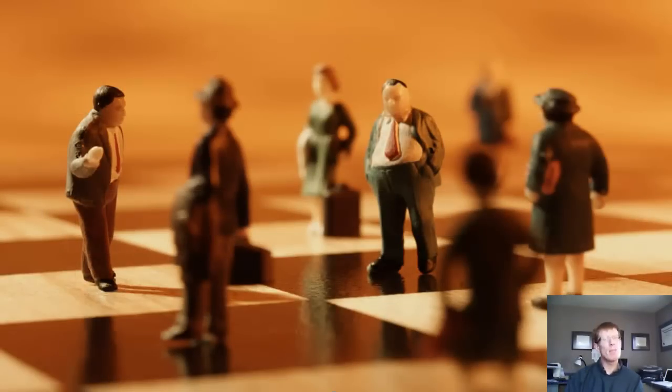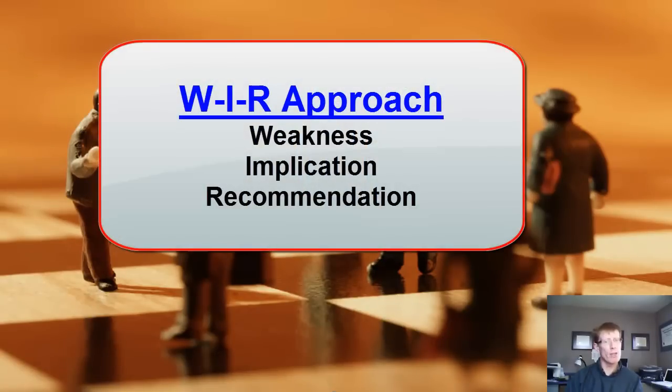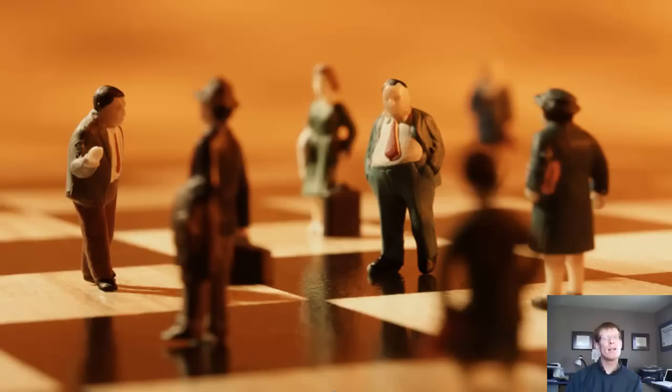Another way that you may be tested would be to ask you to evaluate a system of internal controls and prepare an internal control letter or a management letter. As we've discussed in a previous lesson, the way that you would prepare such a letter would be to identify the weakness, discuss the implications, and prepare a recommendation for management to implement. This gives you some idea as to what my expectations are for you to take away from this course and what you need to be able to apply off the cuff.